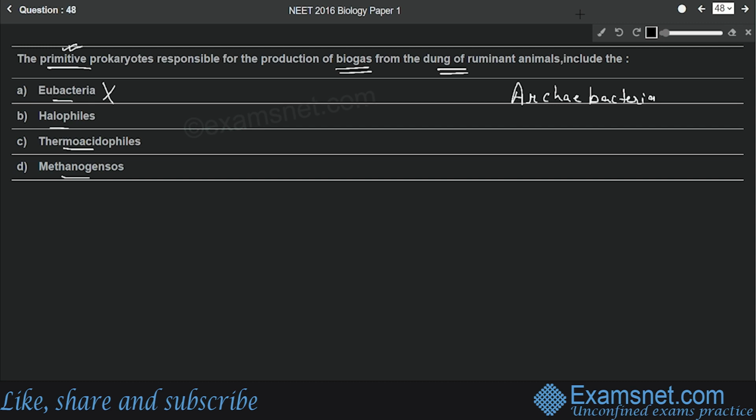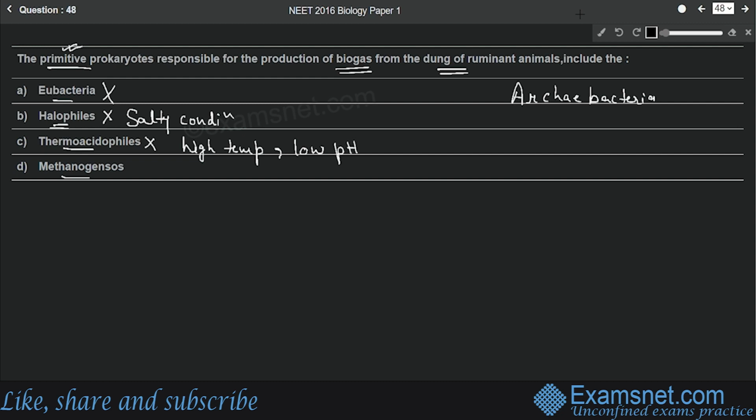Now, second one is halophiles. So halophiles is also not correct because these are the bacteria which are found in very salty conditions, the areas having high salt content. Then the third one is thermoacidophiles. This is also not true because these are the bacteria which are found in areas having very high temperatures, that means very hot areas, or areas having low pH.